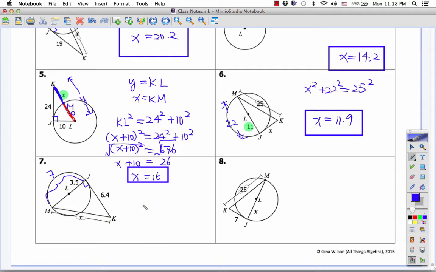This leg is 6.4, so that's simply 7 squared plus 6.4 squared equals x squared. And your x should come out to be about 9.5. And I'll leave you to finish number 8 on your own, and the final answer should come out to be 12.